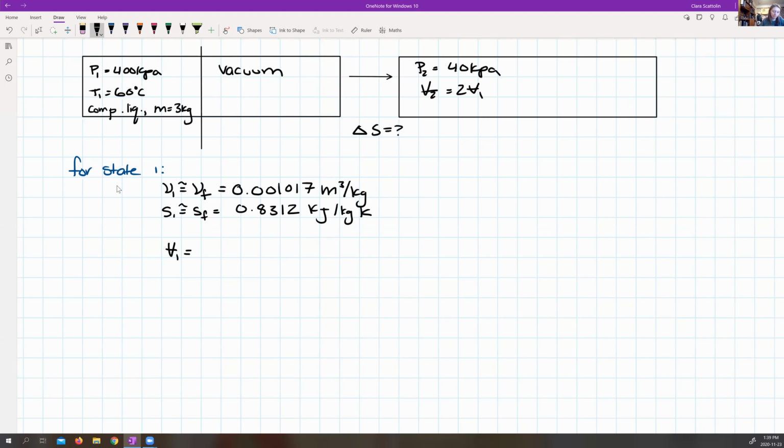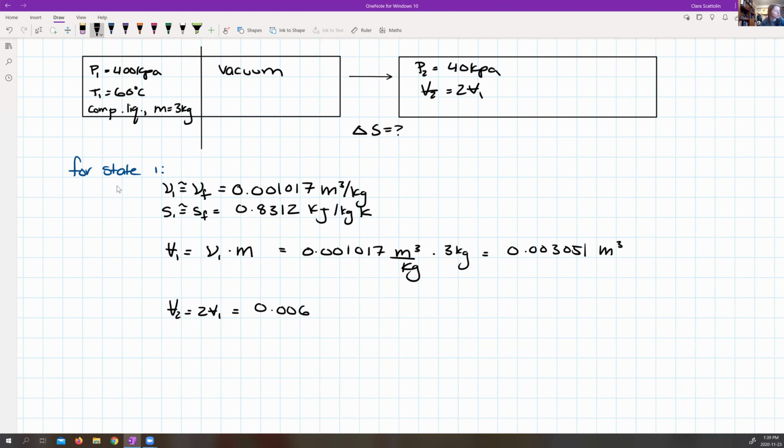I know that V1 is going to be specific V1 times M, which is 0.001017 meters cubed per kilogram, times my mass of 3 kilograms, which will give me a value of 0.003051 meters cubed. I know that V2 is 2 times V1, which will give me a value of 0.006102 meters cubed.